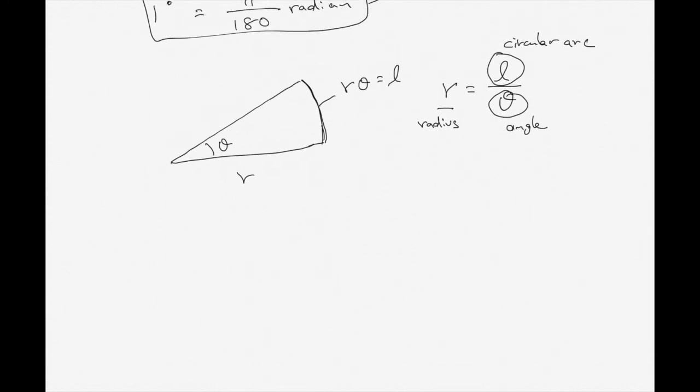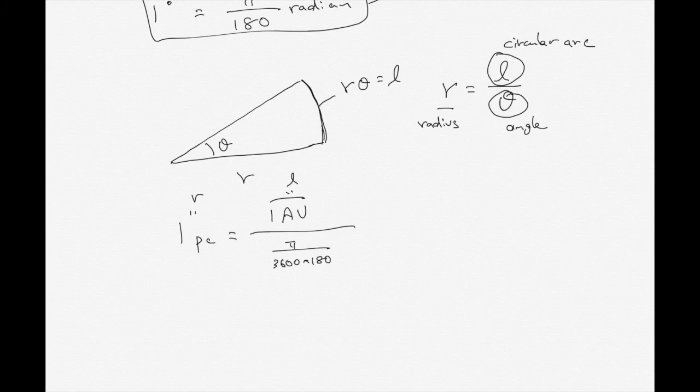Then 1 parsec corresponds to r, which is equal to 1 AU, corresponding to L, divided by theta, which is expressed as pi over 3600 times 180.